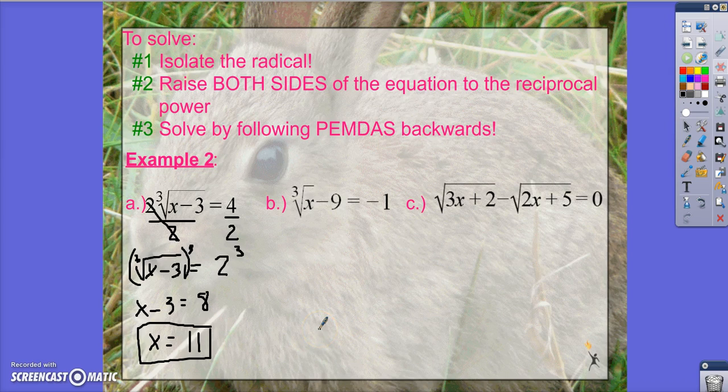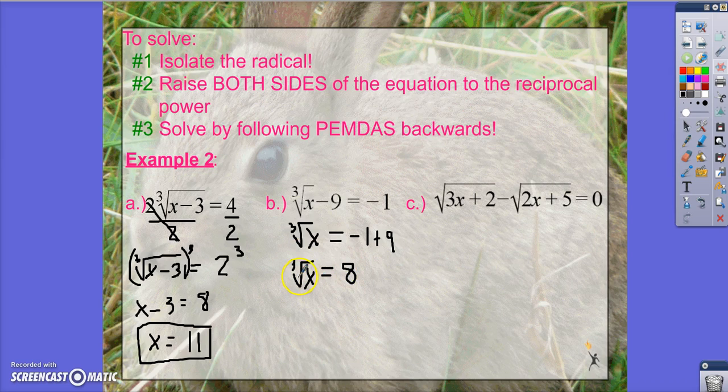All right, let's look at letter B. Isolate the radical, step 1. I don't just have the radical root here, right? What do you notice? There's a negative 9 there. So you're going to add 9 to both sides. Negative 1 plus 9, so I get the cube root of x equals 8.